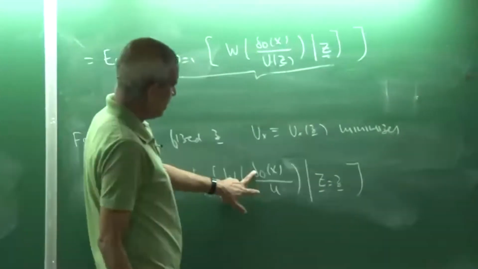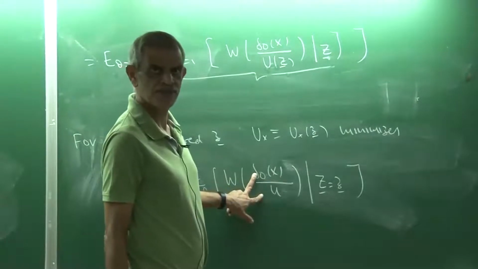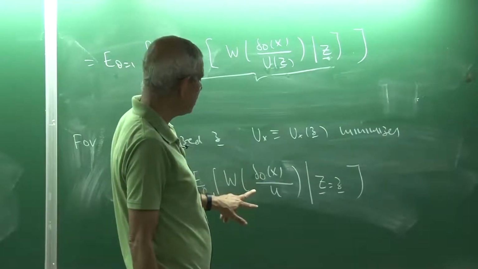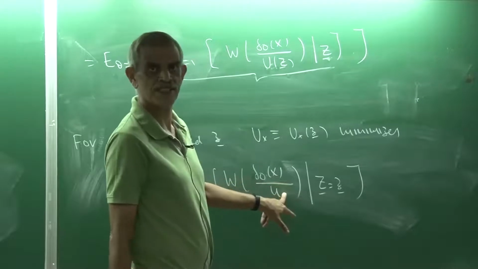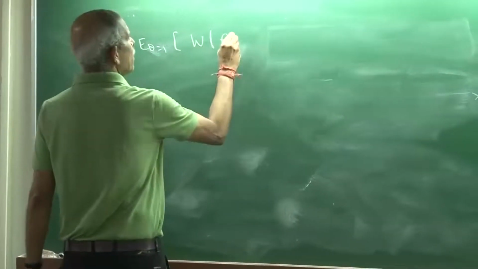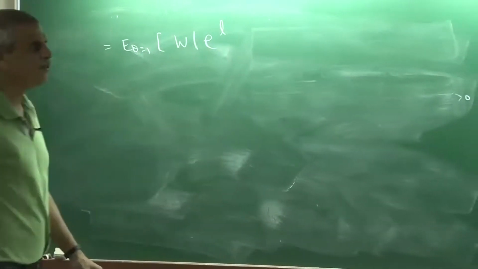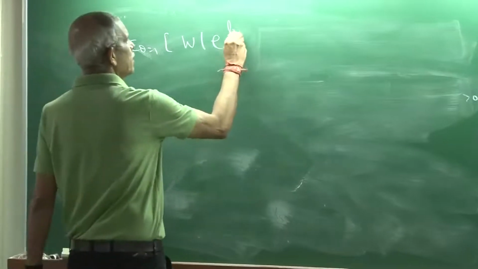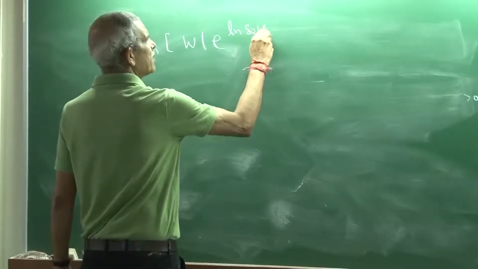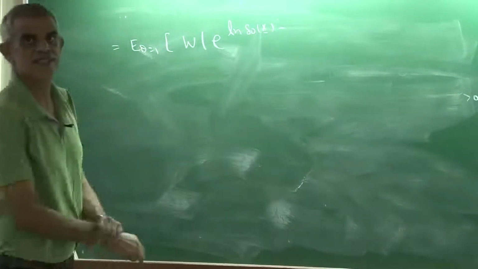Now this quantity, note that this is positive. So I can write this as e to power log of this quantity. So this becomes W of e to power log of delta naught upon u. So that means log of delta naught x minus log of u.